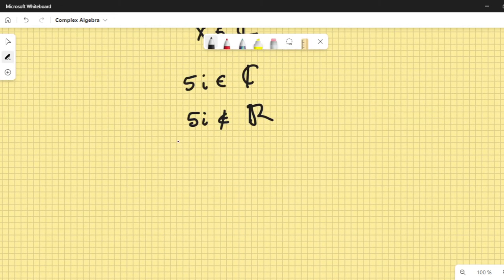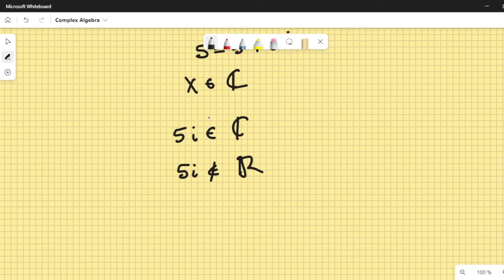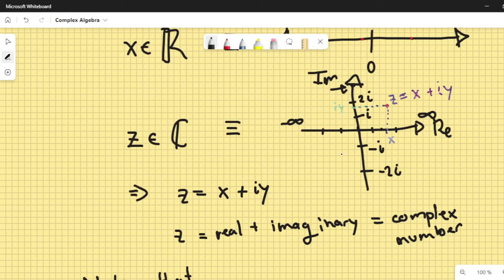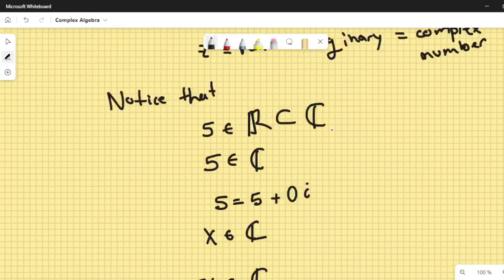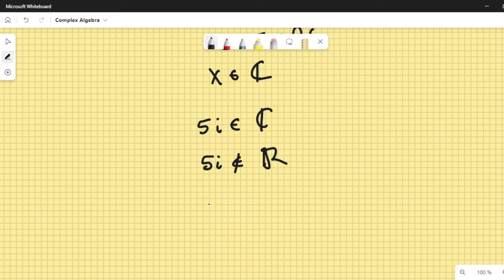Basically, all pure imaginary numbers, I mean, if you have a number here over the imaginary axis, a pure imaginary number is always a real number multiplied by the imaginary unit.